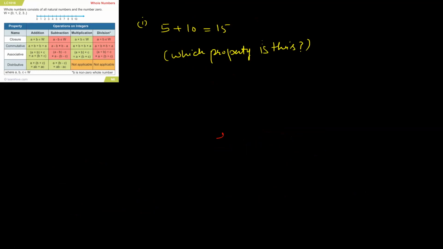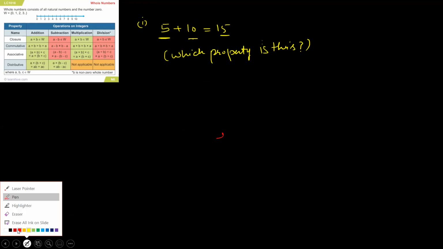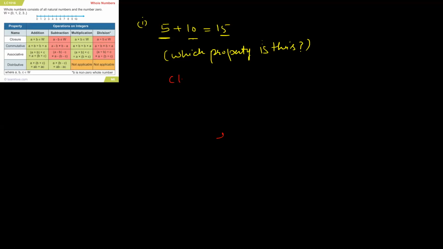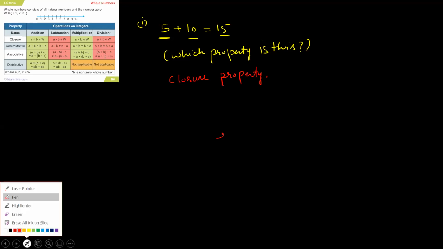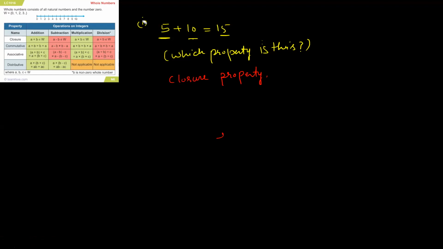As you can see, we are adding two whole numbers and the sum is also a whole number. So this is the closure property, and you will have to write in your answer that this is the closure property.